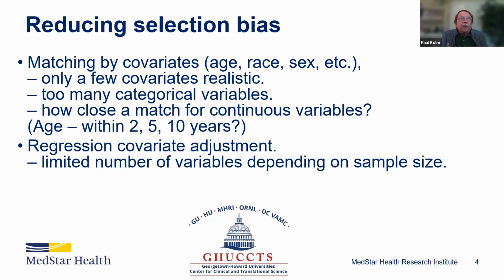And then, for example, if you have age, how close are you going to match: within a year, within 2 years, 5 years, 10 years? And so the smaller the match that you want to make, the more difficult it is to actually match.